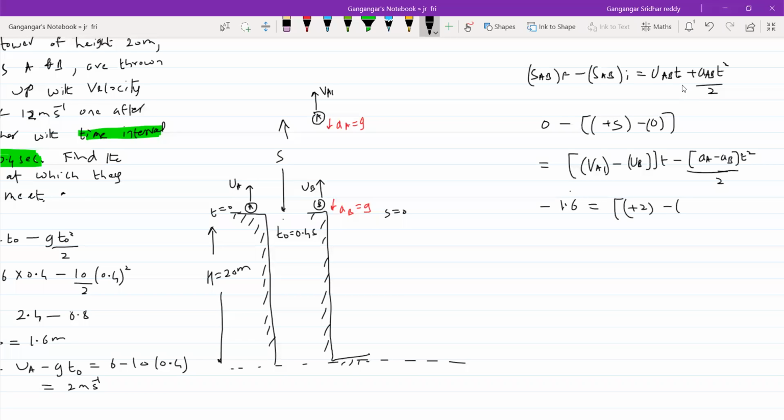UB is how much? Anything upward, I'll take it positive. UB is how much? 12. This time is what? From here I'm measuring it. From here the time is measured. 12, I'll make it plus 12. Minus of G, T squared by 2. So minus of 1.6 equal to 2, this will be minus 10t.